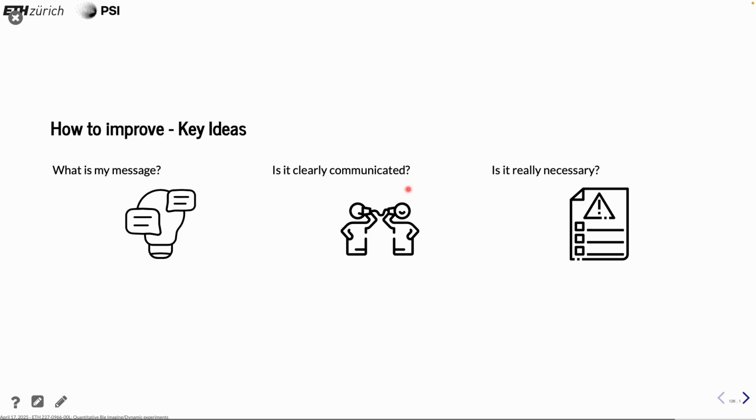And finally, is it really necessary to have the plot? You have to ask yourself that one too. Mostly it is, but sometimes a plot or a figure is not necessary because you have written about it sufficiently, or there are other ones that already show it, and this one may be redundant. So that is also what you may have to ask yourself.